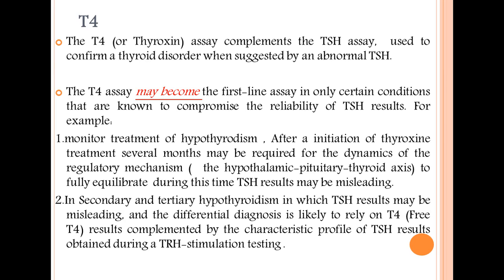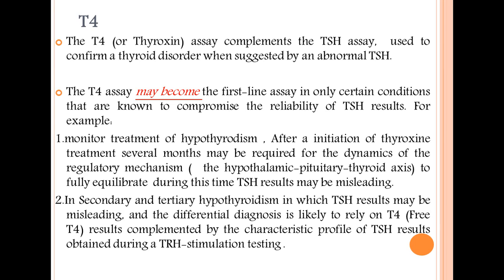When I have a tertiary defect, meaning that the defect is in the hypothalamus, there is destruction of the cells that produce the thyrotropin-releasing hormone that stimulates the pituitary to produce TSH, and then TSH will stimulate the thyroid gland to produce the thyroid hormone. If I have a defect at the level of the hypothalamus, what is called tertiary hypothyroidism, it is preferable to use T4 rather than TSH.